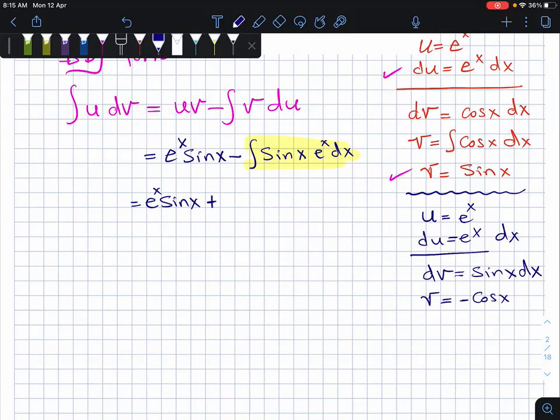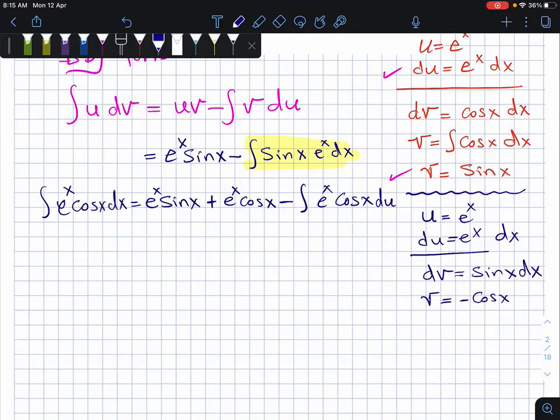So it's e to the power of x cosine x, then minus negative, which is positive, and the v is negative, so it stays negative again, of cosine x times e to the power of x dx. Don't forget, this all is equal to e to the power of x cosine x dx.